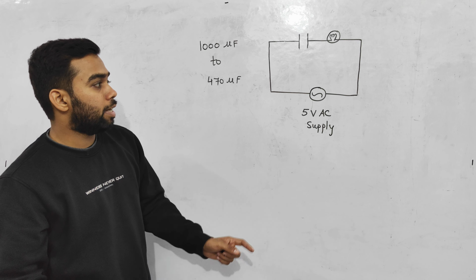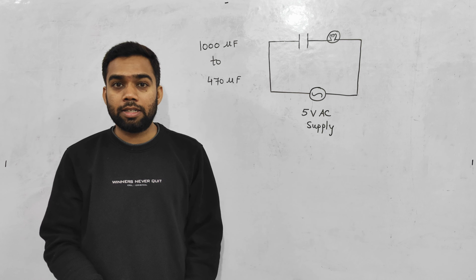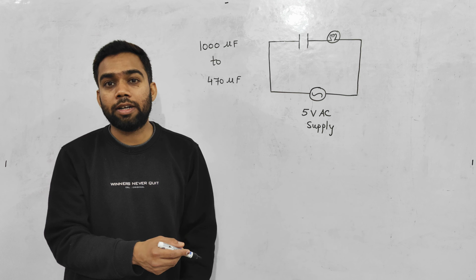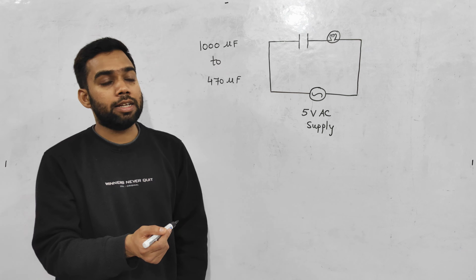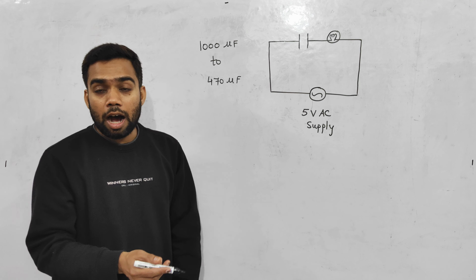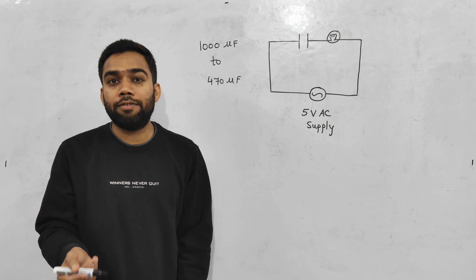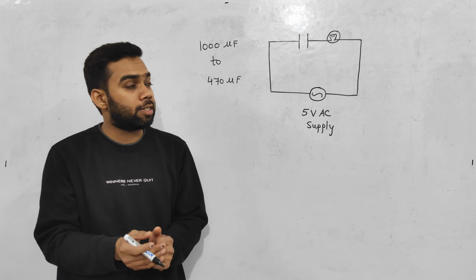Okay, so basically this is an example of an RC circuit, a resistor and a capacitor connected in series to an AC power supply. Now for the RC circuit, we know the effective impedance or the effective resistance of the circuit.